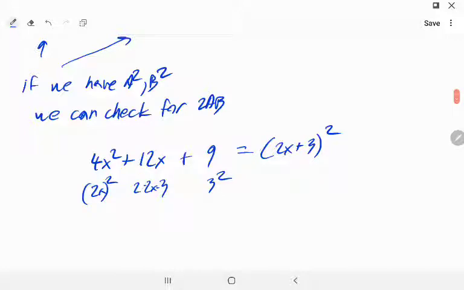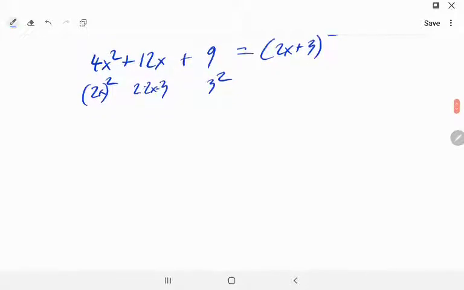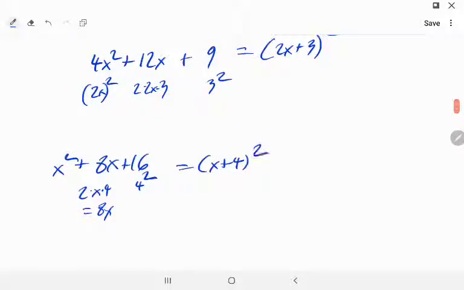Those perfect square trinomials are not as easy to factor as difference of squares, they're not as obvious, but they're still pretty straightforward. If the a term and the c term are both perfect squares, it's worth checking. If we had x squared plus 8x plus 16, the x squared is obviously an x squared, the 16 is obviously 4 squared, and so we check: 2 times x times 4 is 8x, and so we know that has to be the quantity x plus 4 squared.